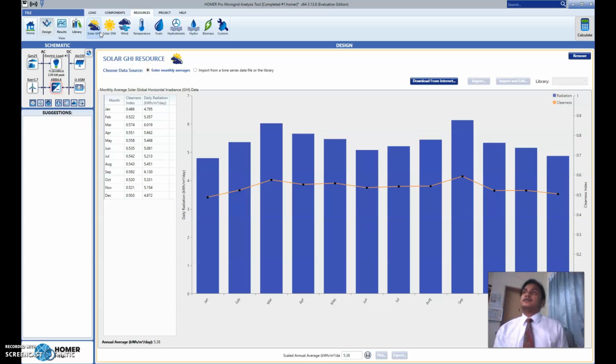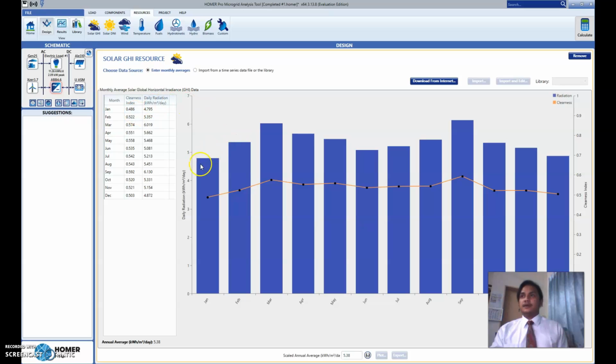First is the solar GHI resource, where GHI means global horizontal irradiance, which is the total amount of shortwave radiation received from above by a surface horizontal to the ground.